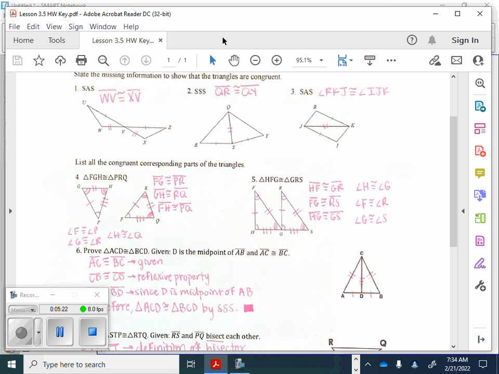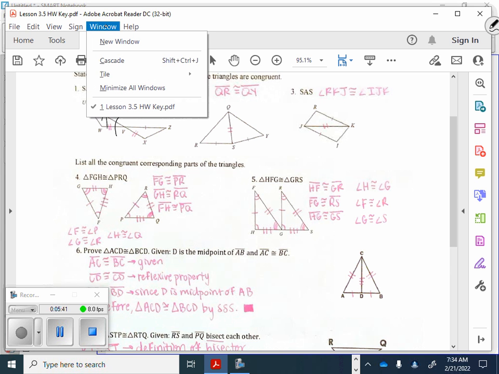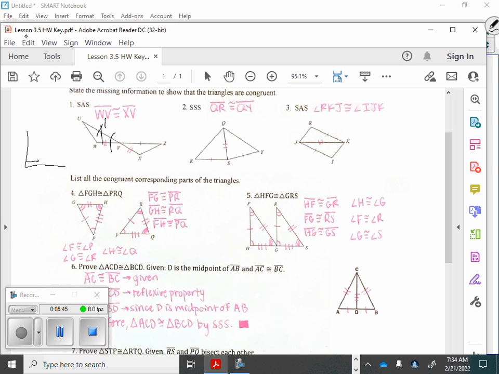When you said the angle of the letter that's in between the sides, what do you mean? Notice how this angle is in between the sides. It's halfway. If I have this triangle and I have that side, the angle must be here.